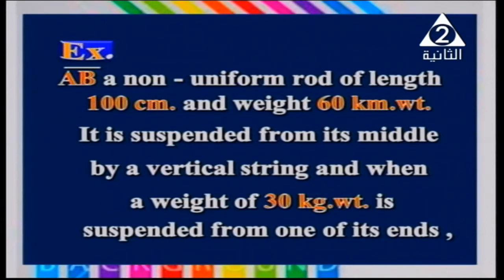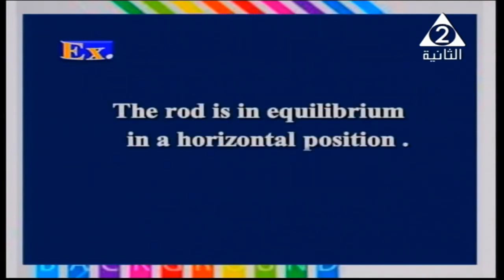Remember, my dear student, we have AB, a non-uniform rod, length 100 centimeter, its weight 60 kilogram weight, suspended from its middle by a vertical string, and when a weight of 30 kilogram weight is suspended from one of its ends, the rod is in equilibrium in horizontal position.